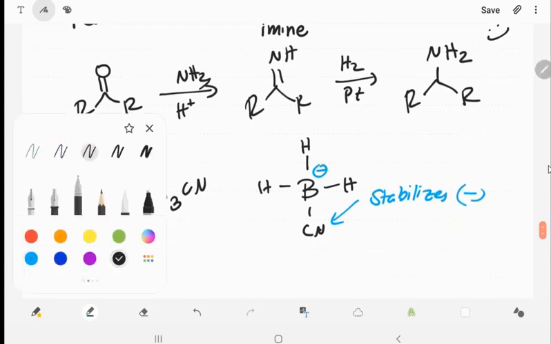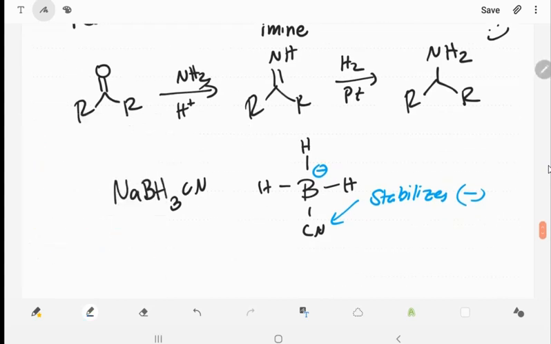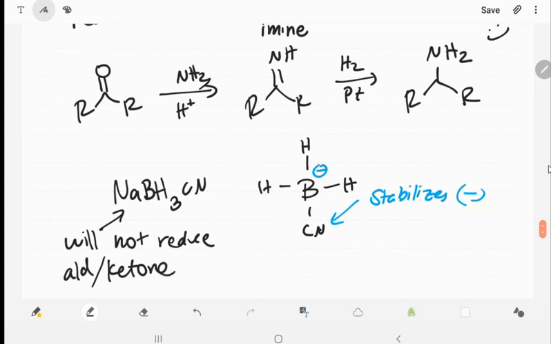And what's very useful about this is this thing will not reduce a ketone or an aldehyde. NaBH4 will reduce a ketone or aldehyde, but this thing will not.